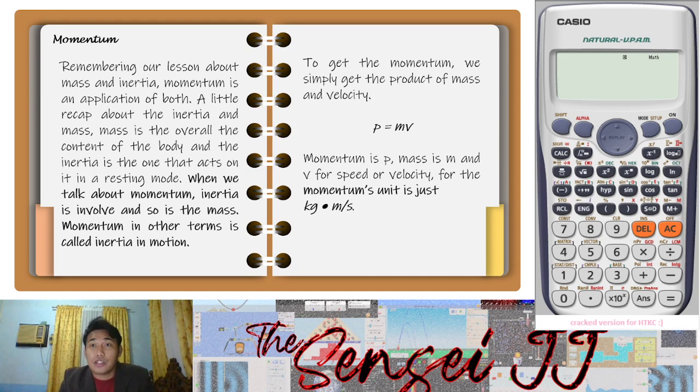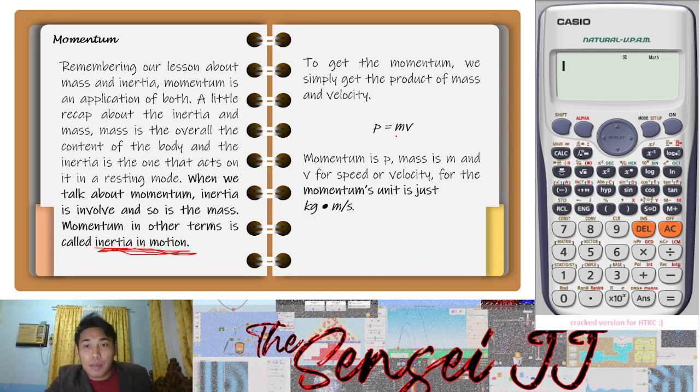So that is the first inertia experience that we had in our previous lesson. But in here, the inertia is acting with the velocity. That's why momentum is also called inertia in motion. So we have here a formula for it, which is p equals mv.